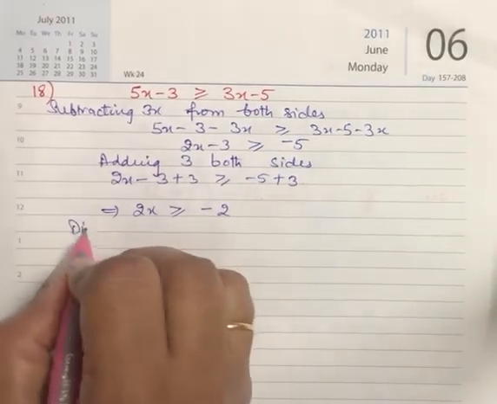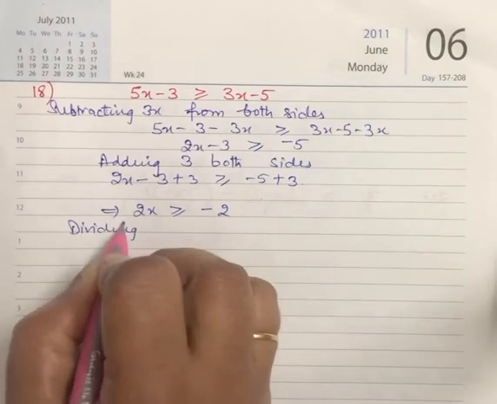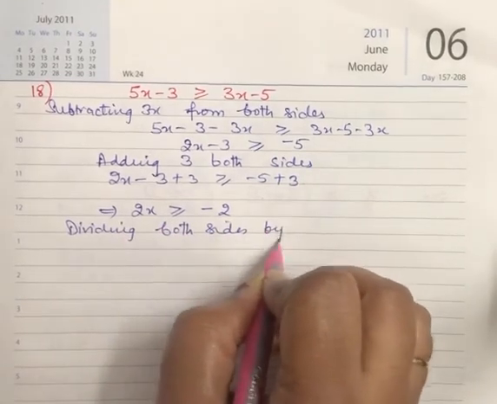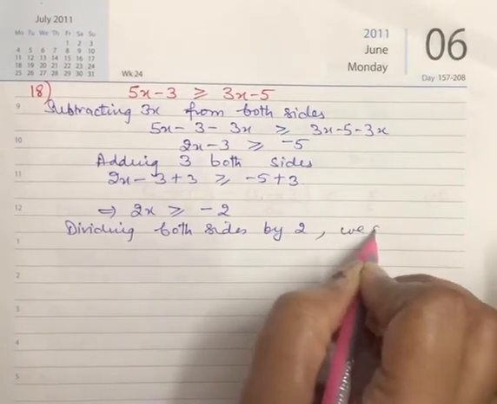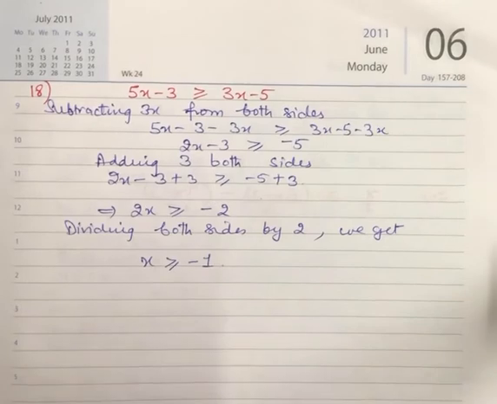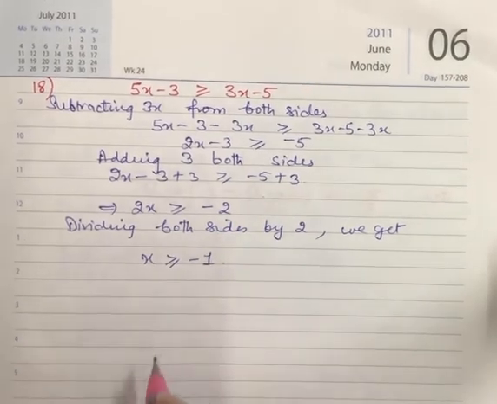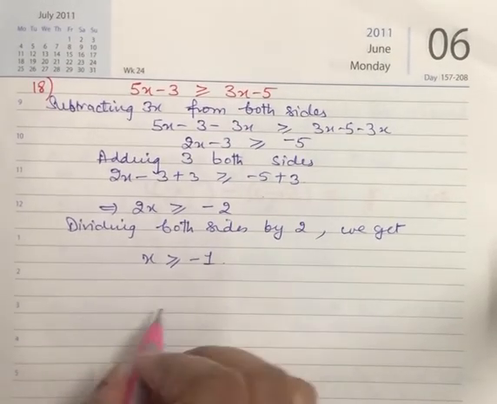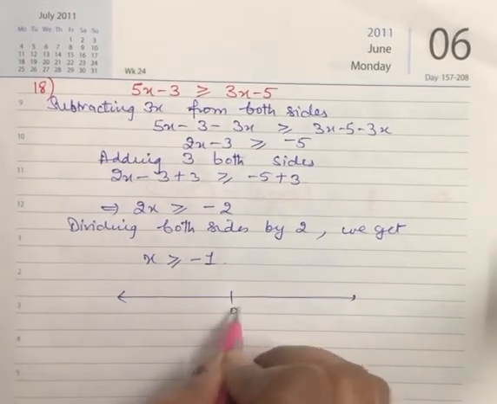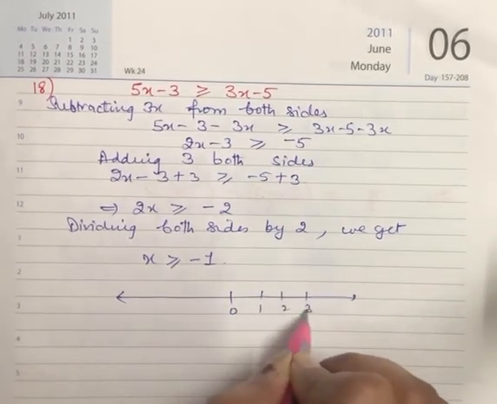Now dividing both sides by 2, we get x greater than equal to minus 1. So this is the solution, and on number line we can again show it. First of all we plot the points.